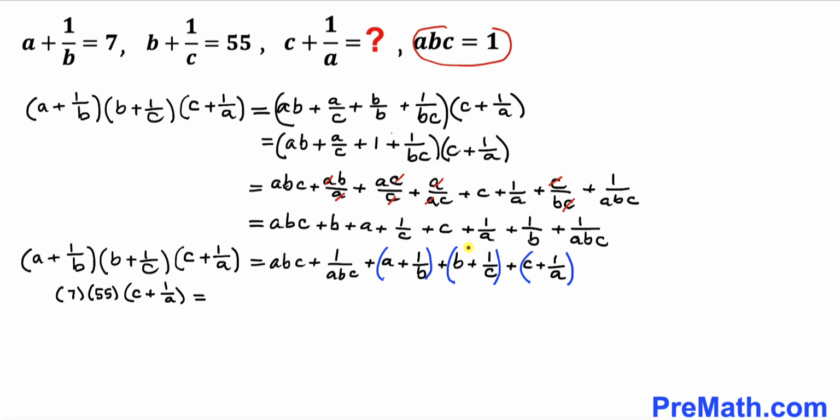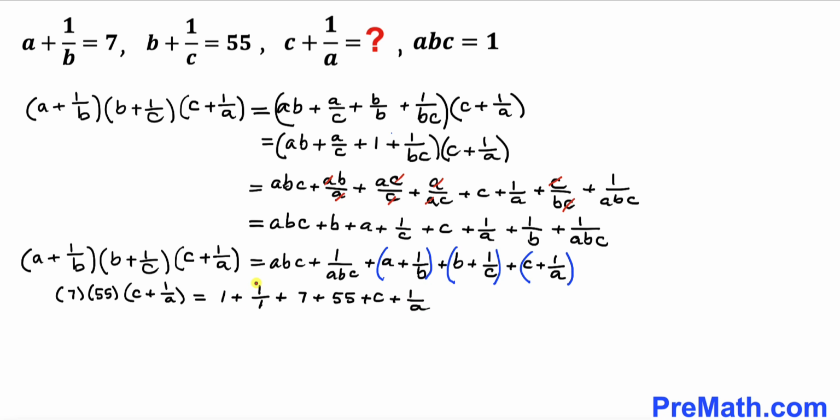And then b plus 1 divided by c in our case is 55, so I'm going to replace this by 55. So the right hand side I can write as 1 plus 1 divided by 1 plus 7 plus 55 plus, I'm going to leave this one as it is, c plus 1 divided by a.